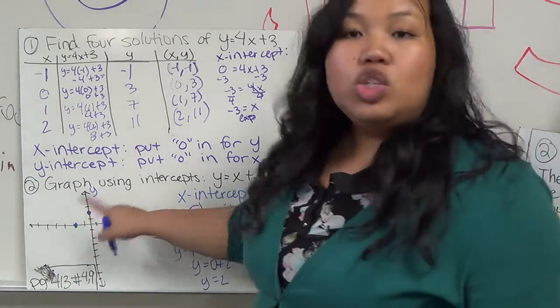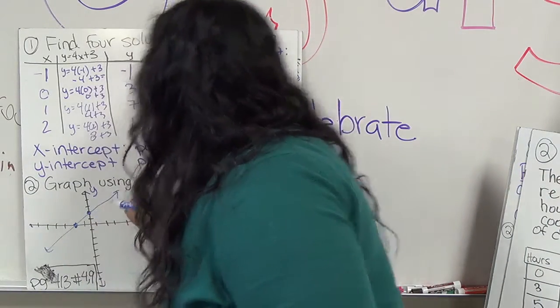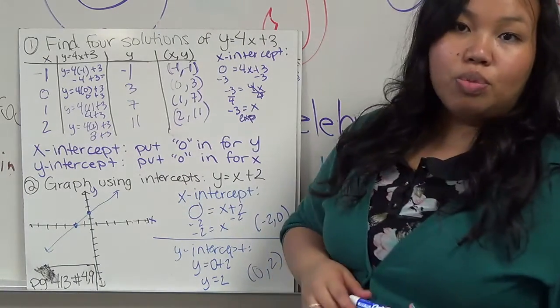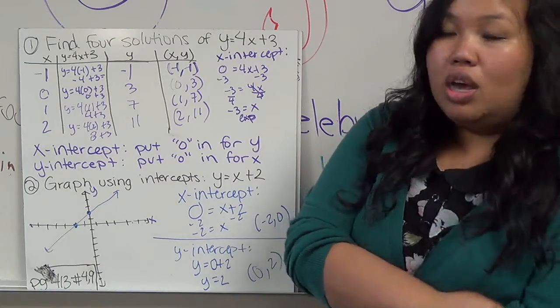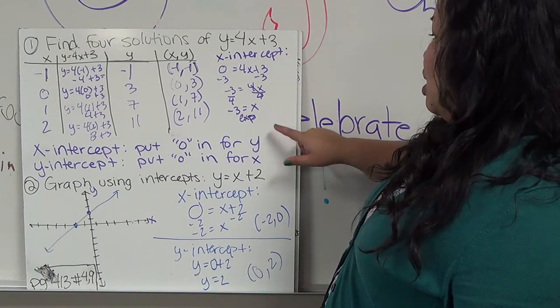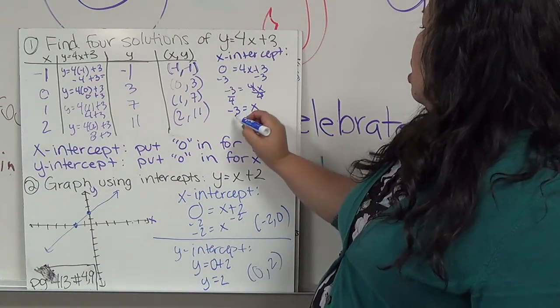So if I find these two intercepts, I can go ahead and just graph them without having to plug in all these points. All right? You're going to be asked to try different ways so that you can get the hang of this, because sometimes like this one, the answer here is -3/4.